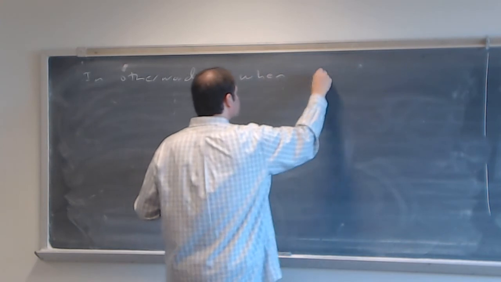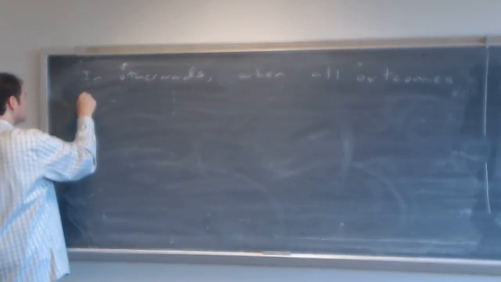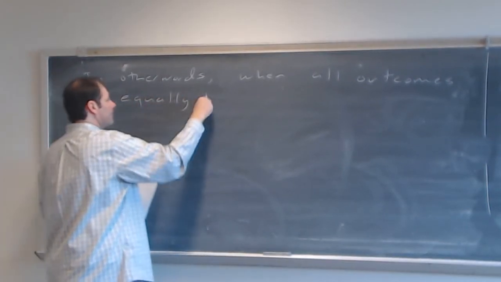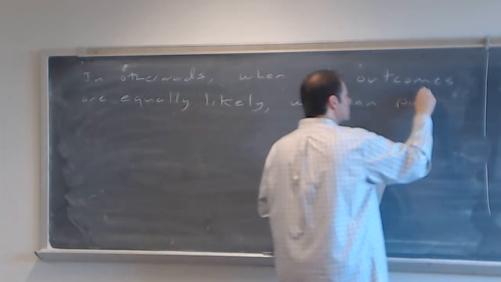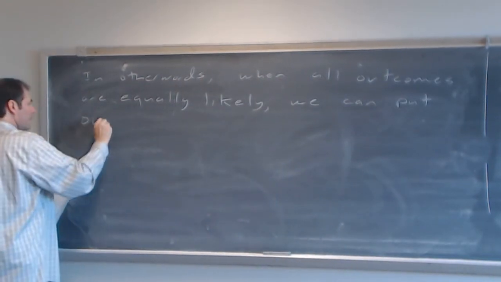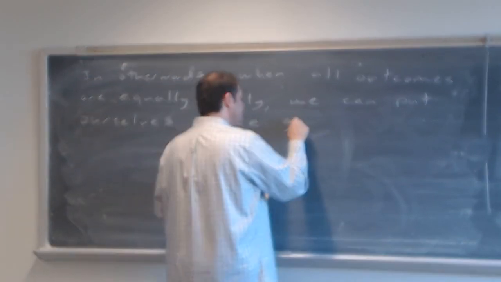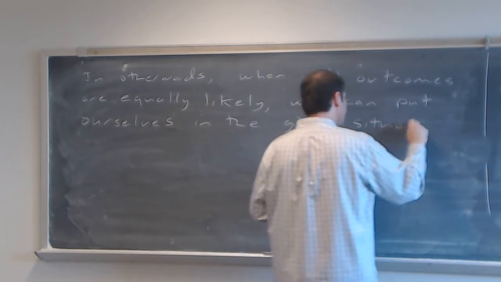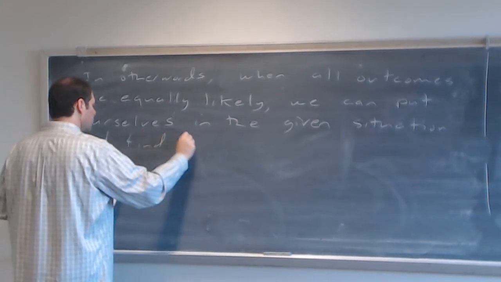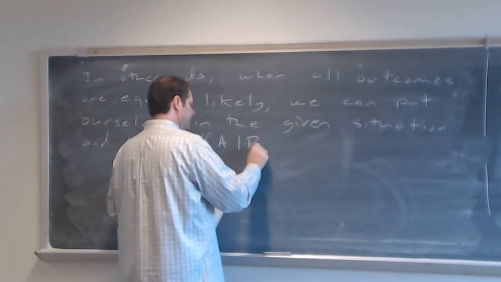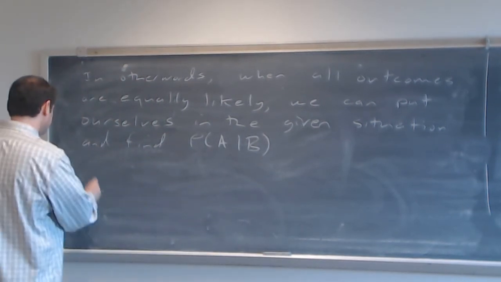When all outcomes are equally likely, we can put ourselves in the given situation and find the probability of A given B. Okay, so let's look back at that problem.